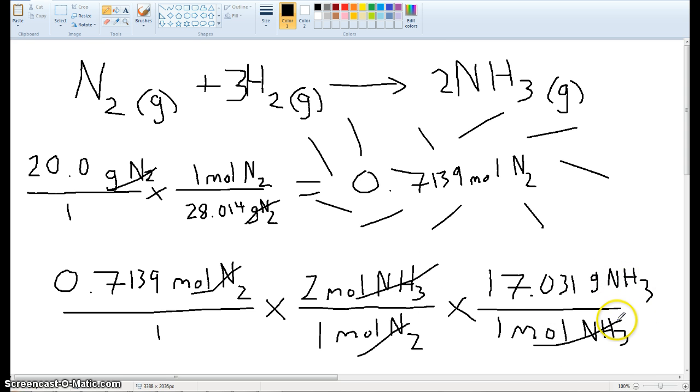Moles cancel out, and then we just multiply, multiply, multiply. Let's see, that times 2 times 0.7139 should give you something like 24.316, or I guess with 4 significant figures, 24.32 grams of ammonia.